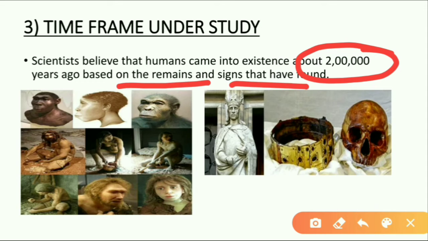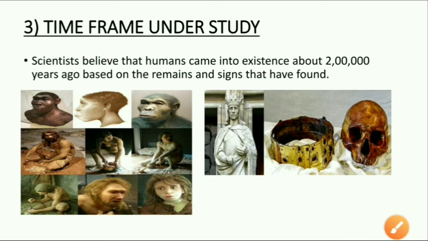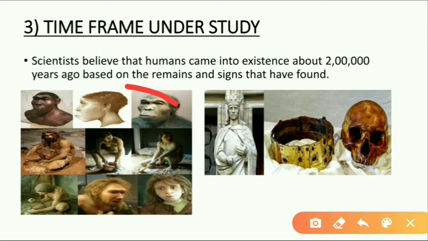Remains and signs mean whatever materials or evidence they got from the past. By seeing that evidence, they got to know that humans came into existence about 2 lakh years ago. It was believed by the historians and scientists that the early humans or ancient people looked somewhat like this.